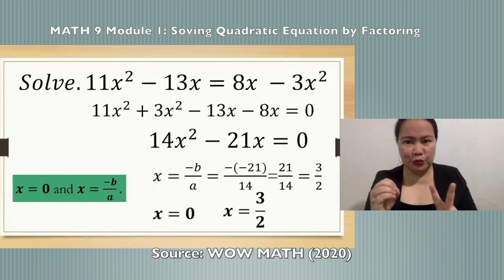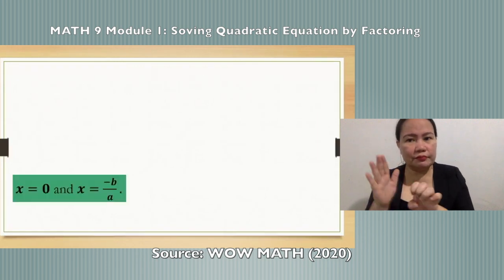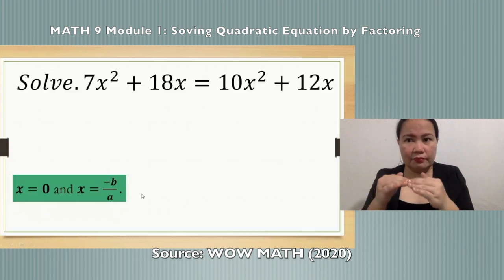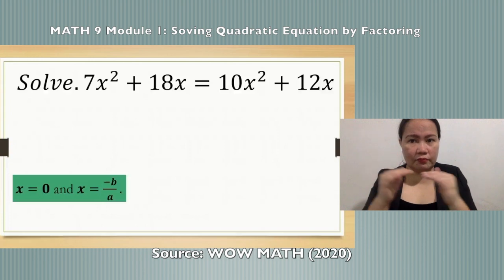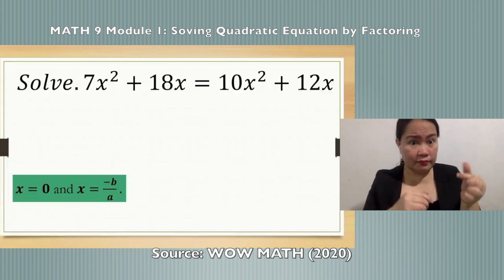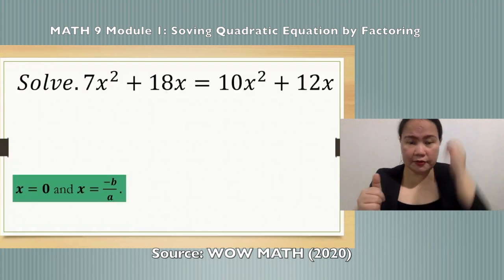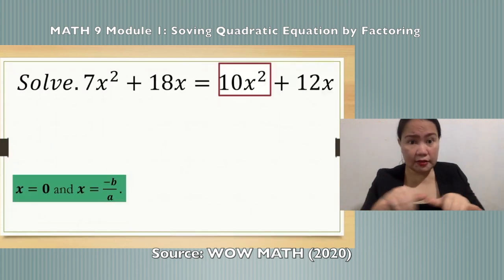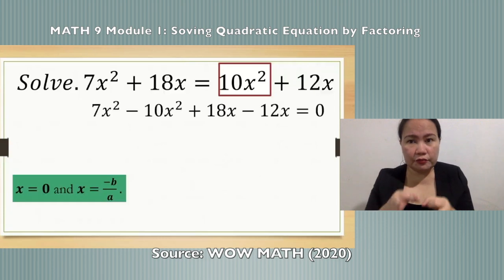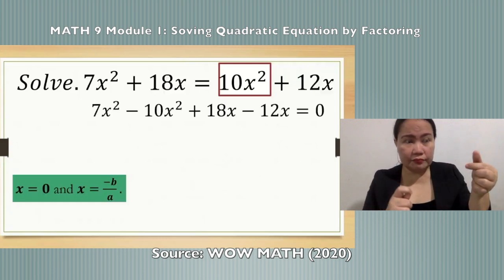Okay. Another example. Using this equation, ito yung shortcut na to. 7x squared plus 18x is equal to 10x squared plus 12x. Again, gagawin muna natin into standard form yung equation natin. So, si 10x squared, lipat natin sa left side. So, magiging negative 10x squared yan.